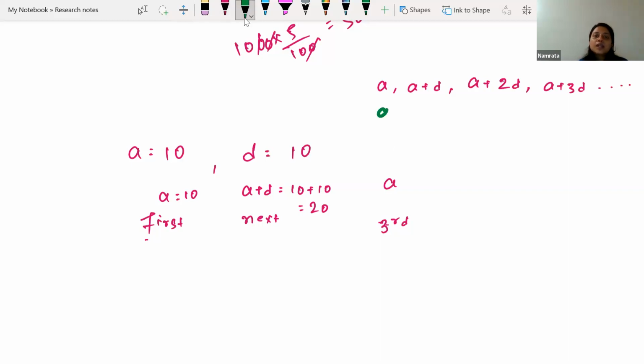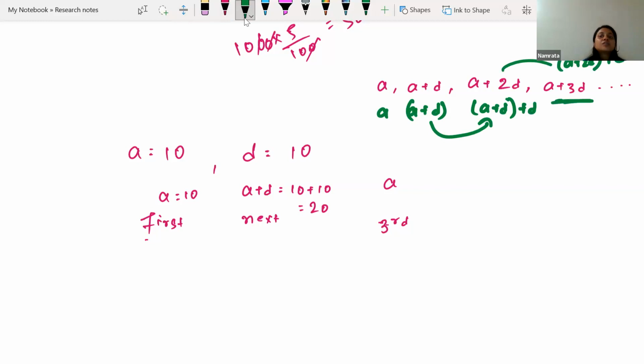Because we know A plus D, and in this A plus D we are adding the common difference D again, which makes it A plus 2D. In this A plus 2D, we add the common difference D again, which makes it A plus 3D. That's why this is the general form of an AP.